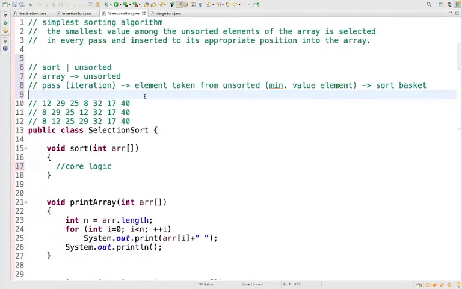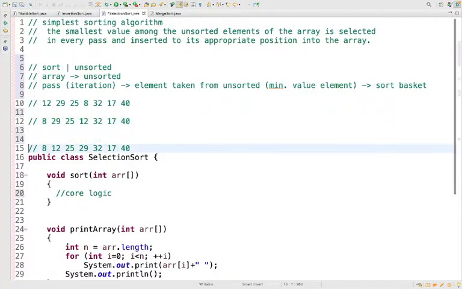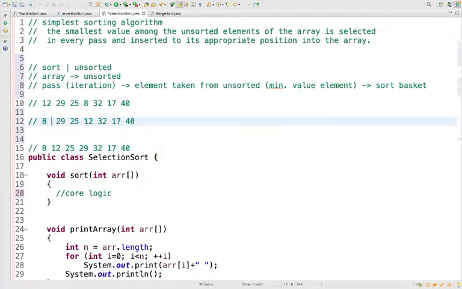For example, right now we have an array which starts with 12, 29, 25, 8, 32, 17, 40. This is an unsorted array. In that we have found that 8 is the smallest one. So what it is going to do is take out the 8 and put it in the front. In the second line, if you can see, this part becomes sorted because 8 is the minimum element that we have found, and then the rest of the elements will be swapped.